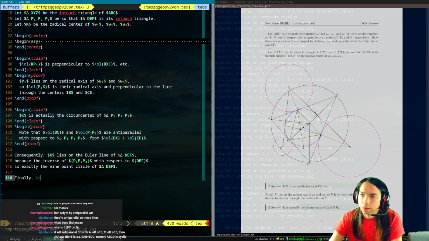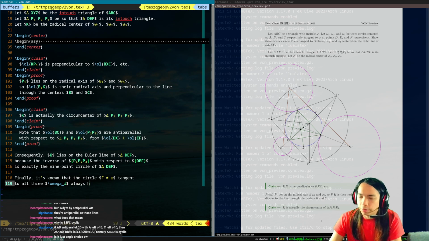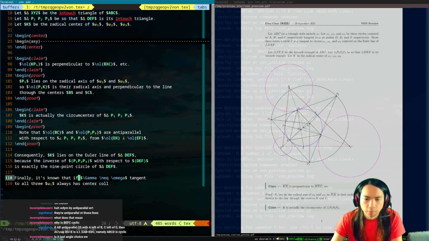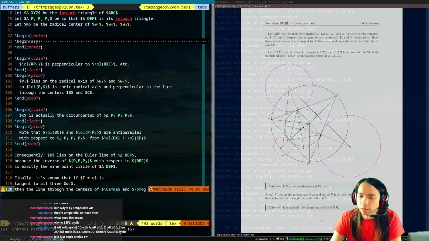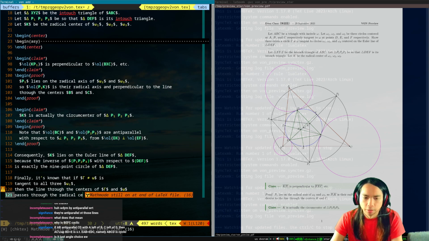Finally, it's known that the circle gamma not equal omega tangent to all three circles, with omega I always having center I, then a line through the centers of gamma and omega passes through the radical center.